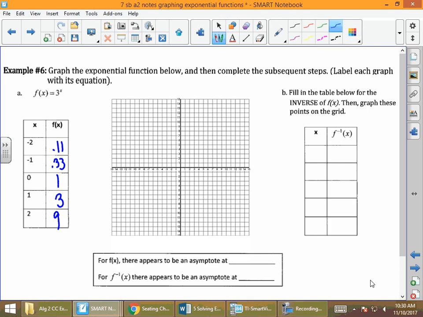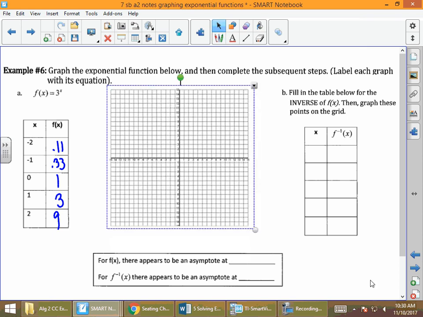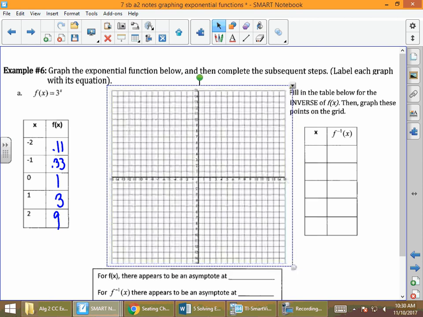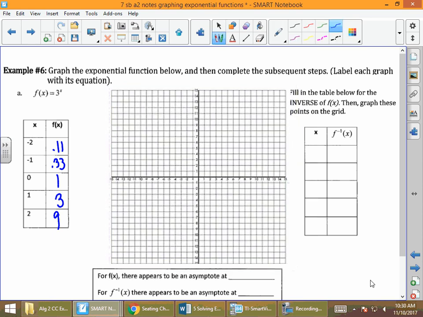You did the best you can, and I will do the same. I'm going to try to make this grid a little bit bigger. And we have -2, 0.11; -1, 0.33; 0, 1; 1, 3; 2, 9.